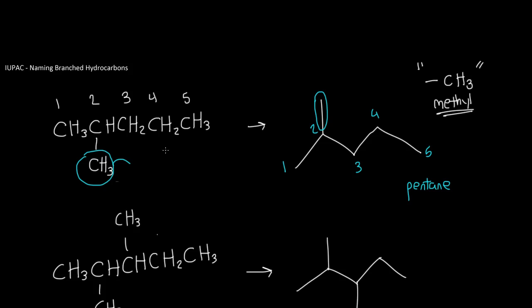We have a methyl group at carbon number 2. So we are going to write 2 hyphen methyl pentane plus that. So altogether it would turn out to look like 2-methylpentane, all one word.